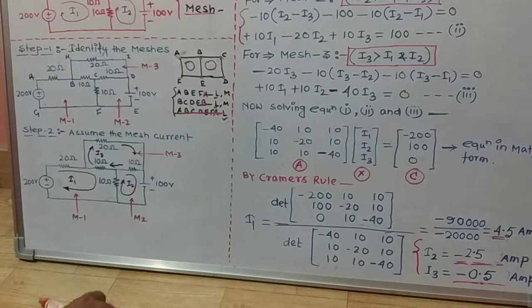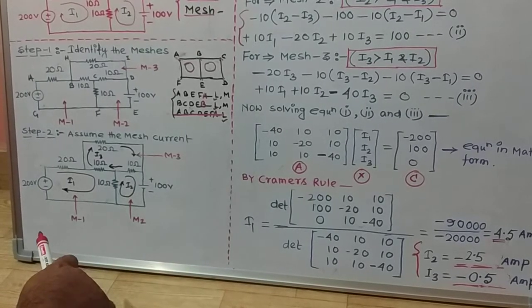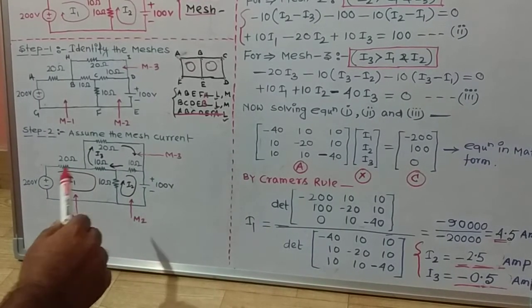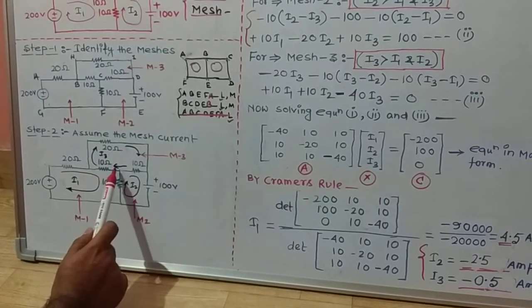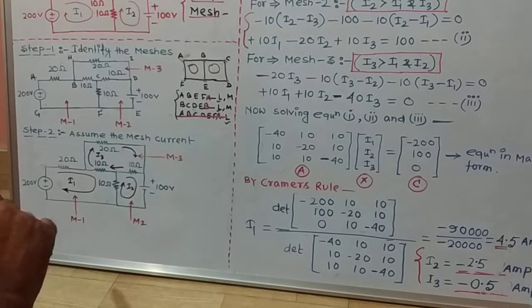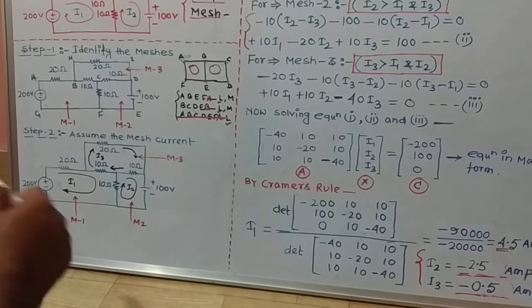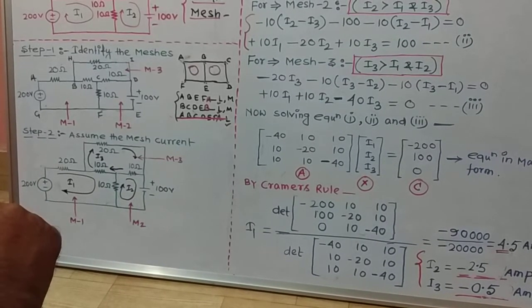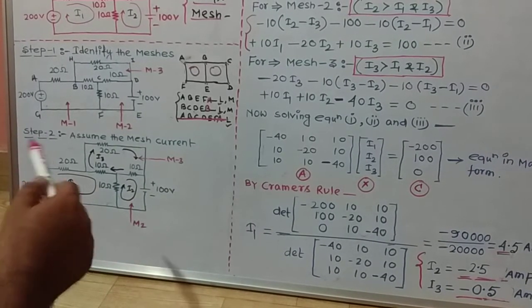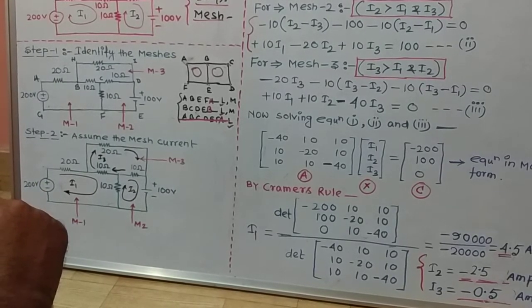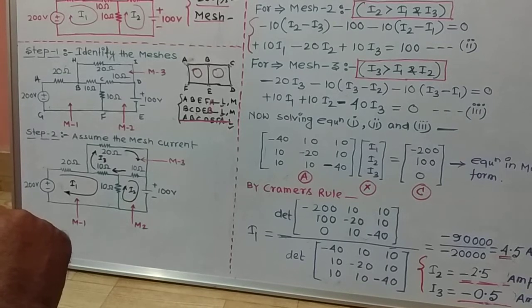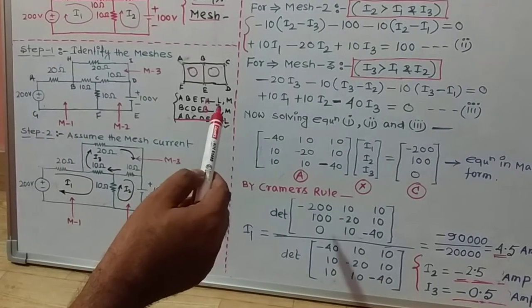One thing you have to remember: when you are writing the equation for a particular loop, this loop current will always be greater than the corresponding other loop currents.